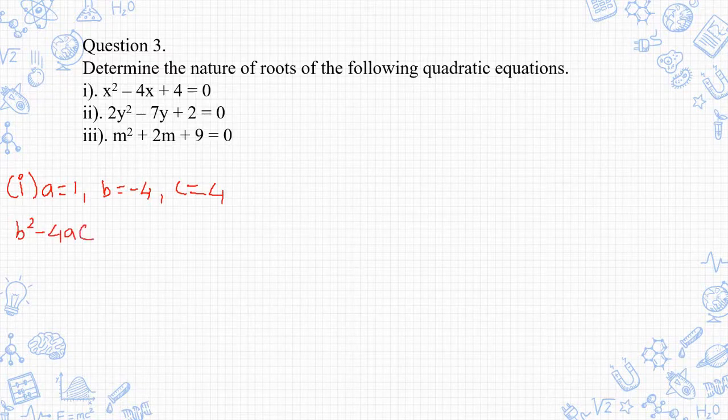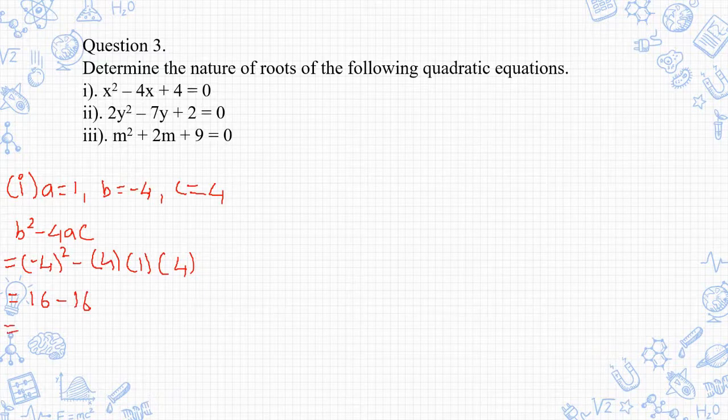So in this, b is minus 4, so minus 4 square minus 4 into a, that is 1, and c, that is 4. So this will be 4 square 16 minus 4 into 1 into 4, 4 into 4 16. So 16 minus 16, that is 0. So here you can say that the nature of your roots are real and equal.